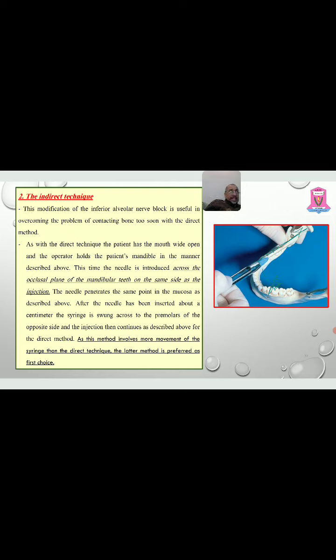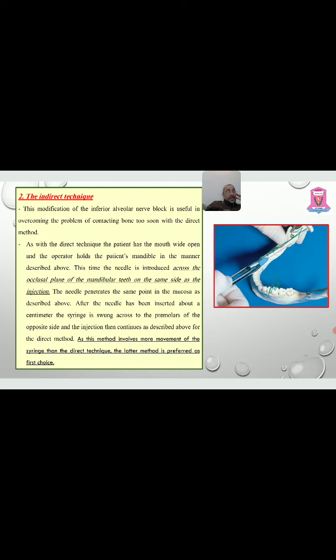بعدين تدخل النيدل أكثر إلى أن نسوي contact البون. As this method involves more movement of the syringe than the direct technique, the latter method is preferred as the first choice.